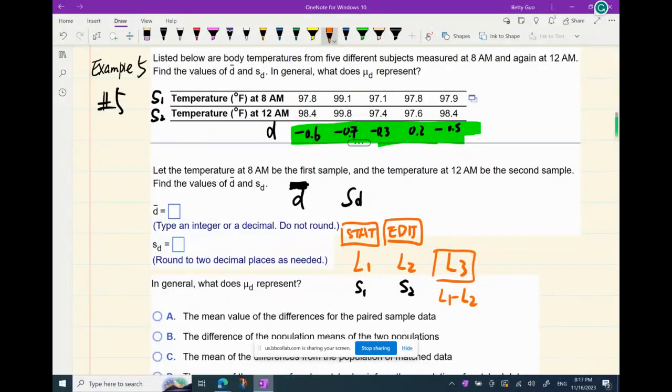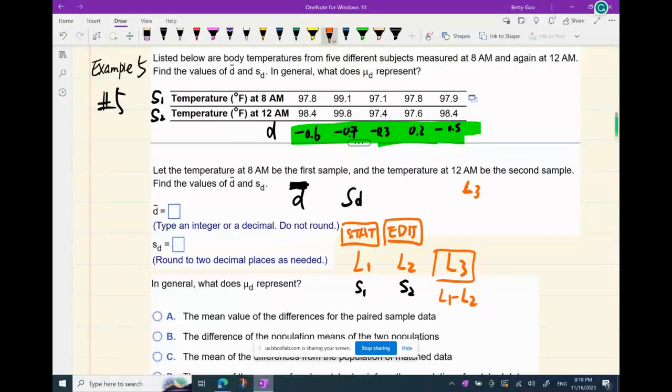How do you enter L1? Second one, the blue, purple-blue color, second one, minus second two. And your L3 will show up.